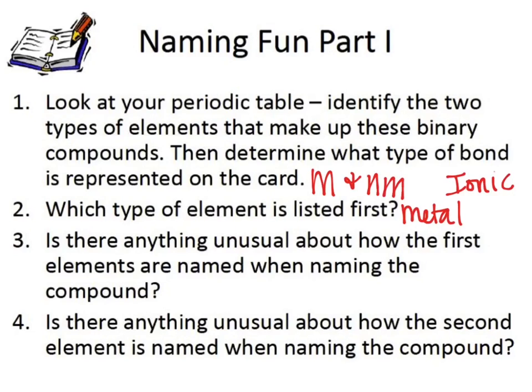Is there anything unusual in its name? Not all of them. Most of them end in IUM. But is there anything different from the periodic table from what's on your card? No. For just the first, for the metal. No. The name is the same.